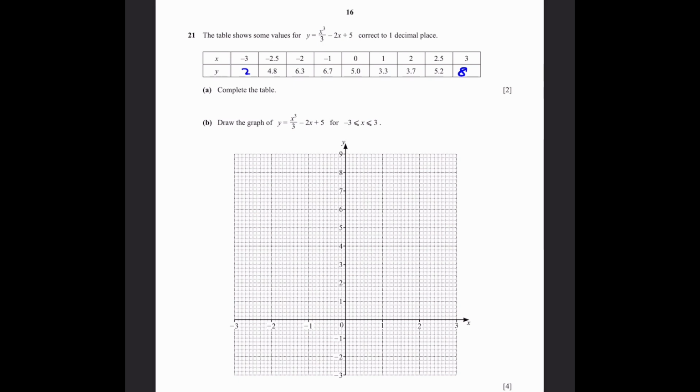Now part B, draw the graph of this equation for minus 3 less than equal to x less than equal to 3. Let's label all the points.